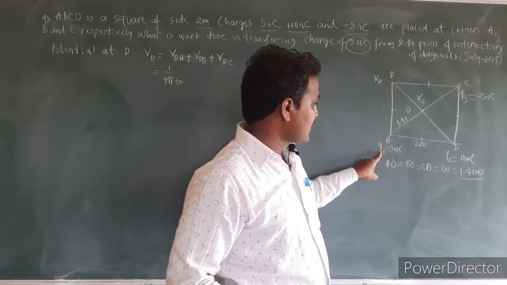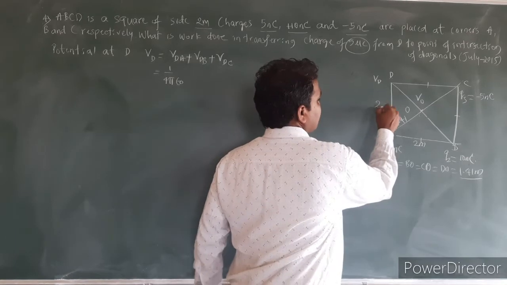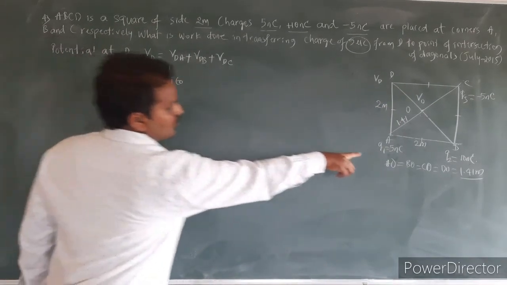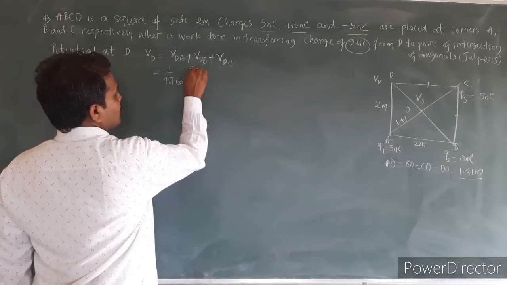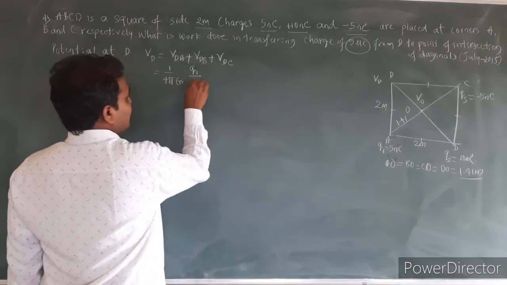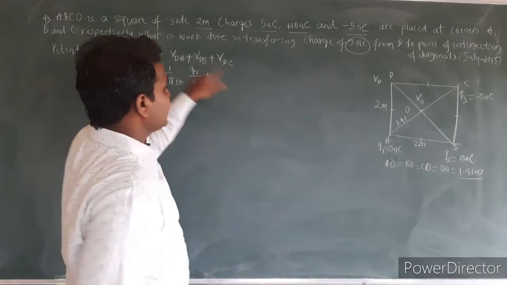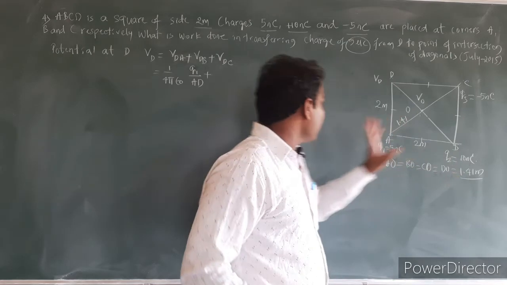For VdA, the source charge is Q1, and the distance between A and D is 2 meters. So I write it as 5 into, first let me write the charge value here, Q1 divided by the distance AD, plus VdB, which is the potential at D because of the charge at B, that is Q2.